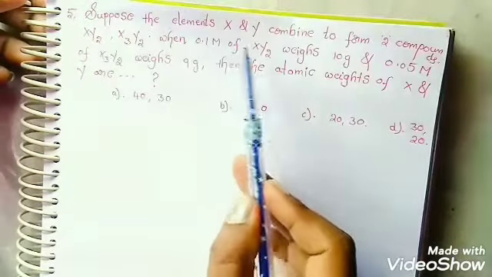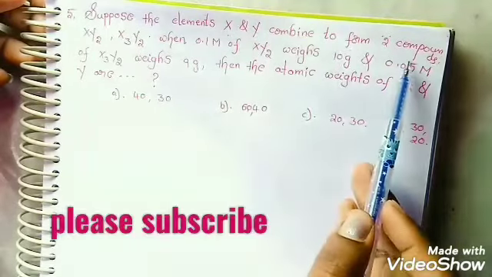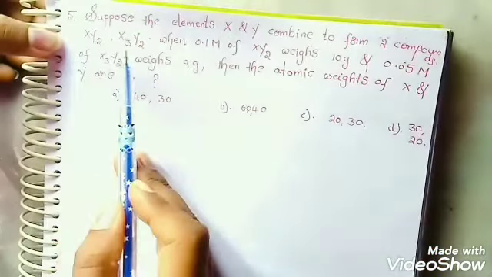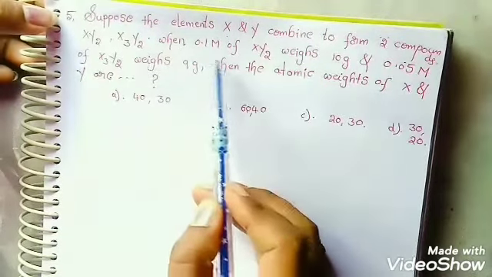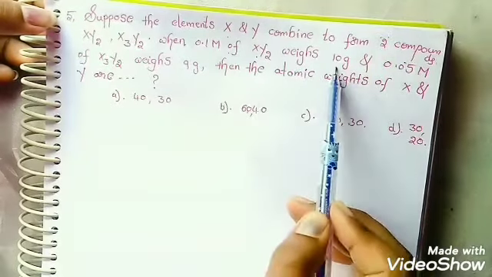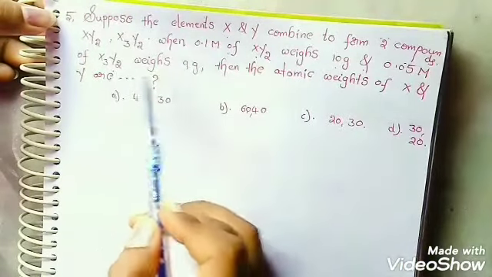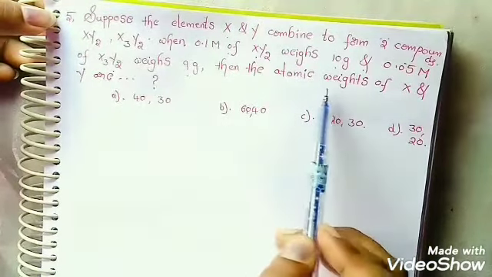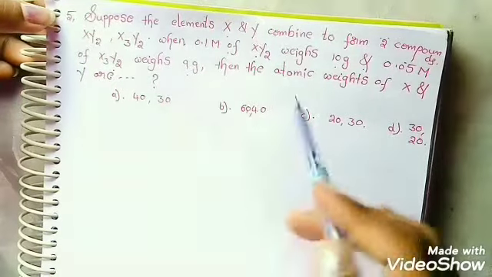Suppose the elements capital X and capital Y combine to form two compounds, XY2 and X3Y2. When 0.1 mole of XY2 weighs 10 grams and 0.05 moles of X3Y2 weighs 9 grams, then what are the atomic weights of X and Y?